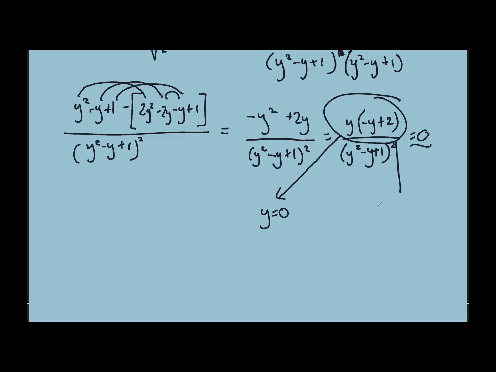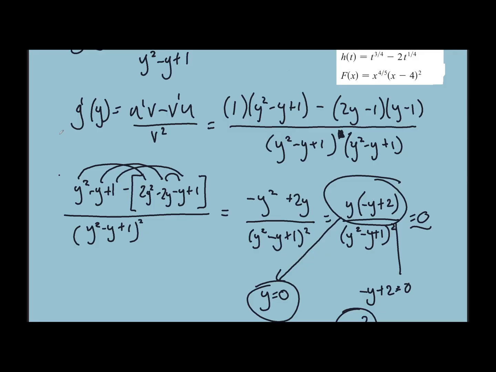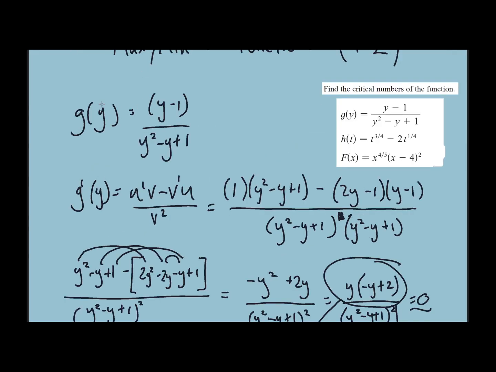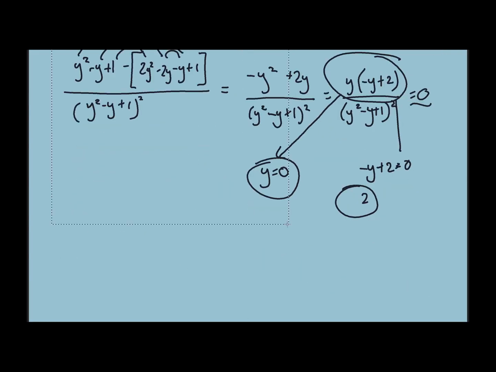Or this one, you would say negative y plus 2 equals 0. So of course that's going to be y is equal to 2. So our critical numbers are 0 and 2 for this valued function. Does that make sense? You're really worried about the numerator because we're setting the derivative to 0. As long as the 0 is in the numerator, you're going to get 0.